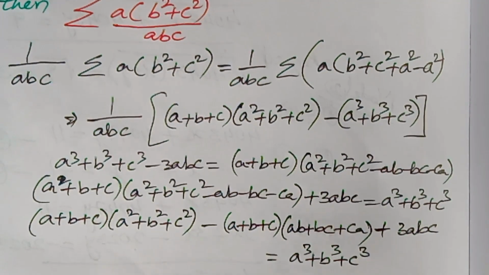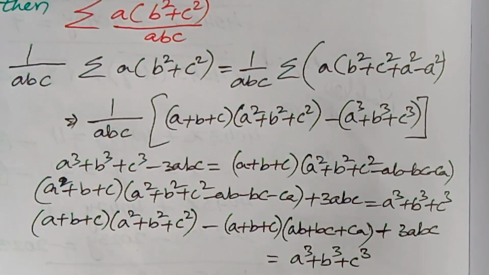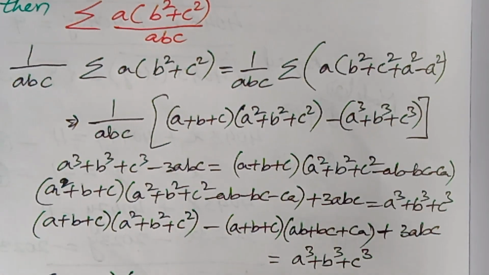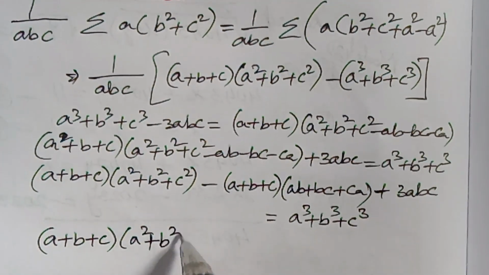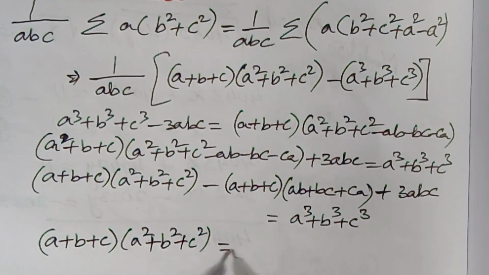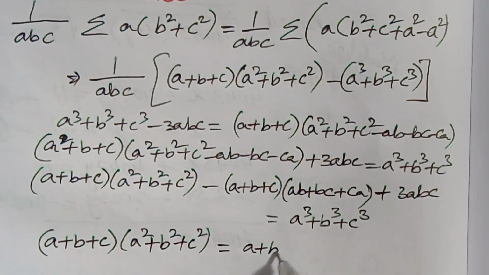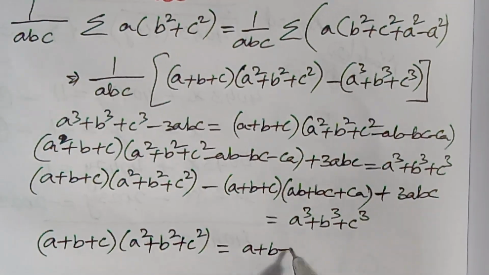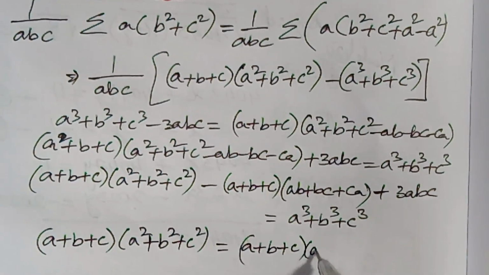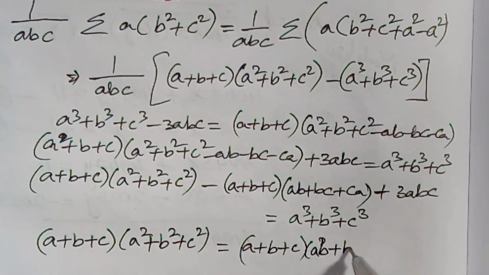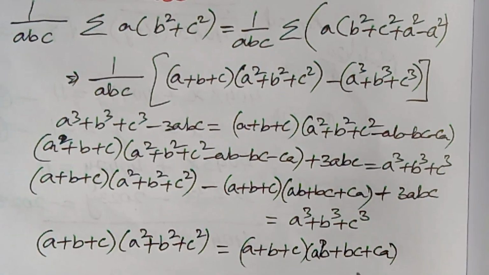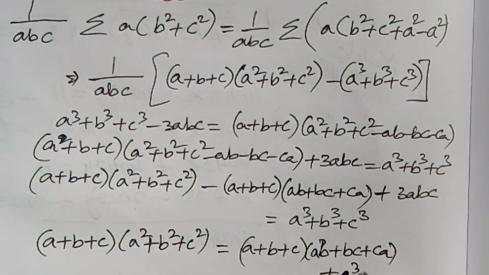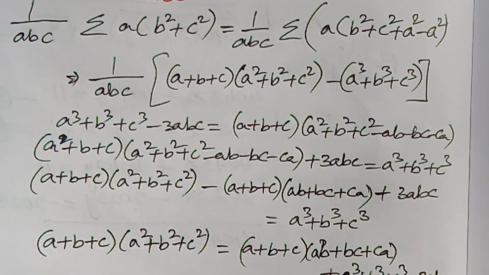So from this you can write (a plus b plus c) into (a square plus b square plus c square) is equal to (a plus b plus c) into (ab plus bc plus ca) plus a cube plus b cube plus c cube minus 3abc.